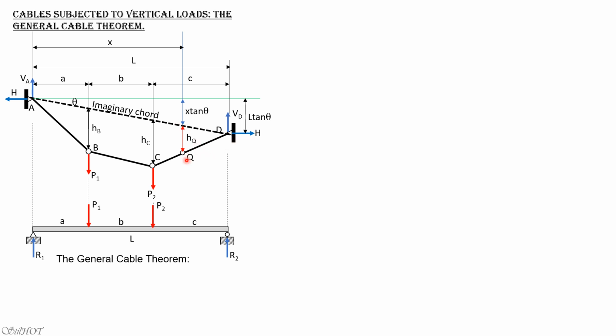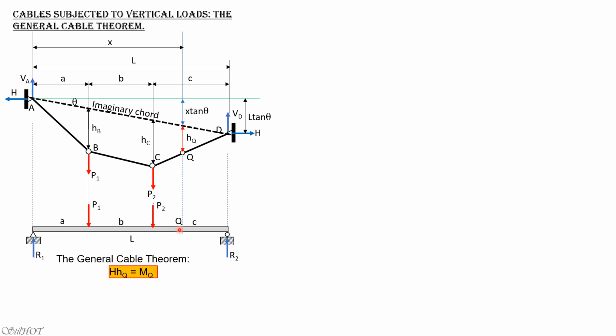So H times h sub q is equal to the moment at the same point Q on the determinate beam loaded with the same loadings. So that is H times h sub q is equal to the moment at this point Q in this beam here subjected to the same loadings.